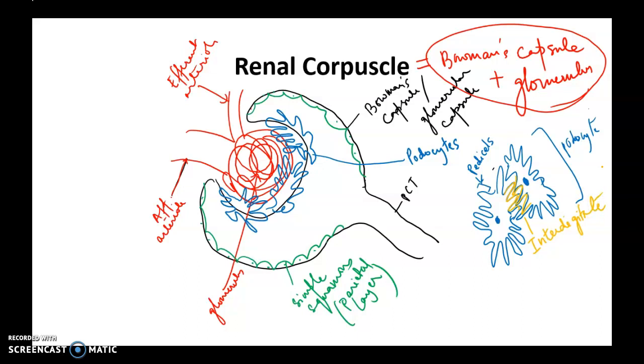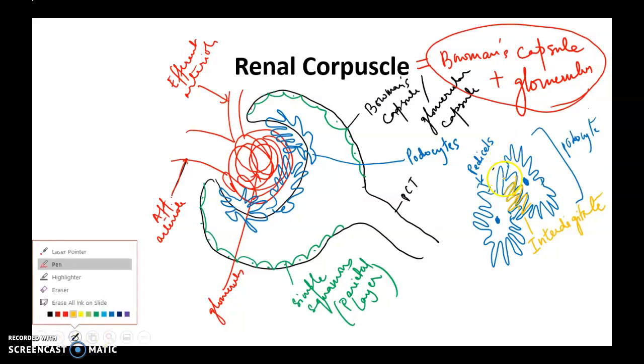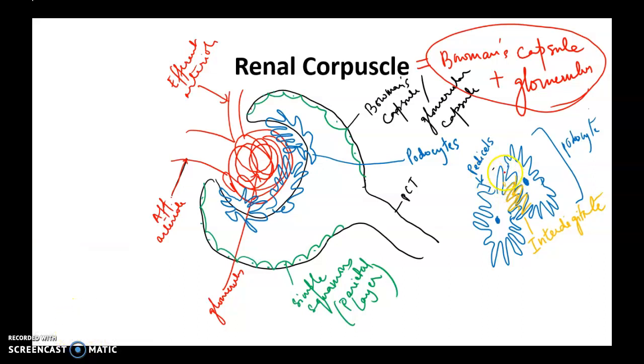Really important. And in between them you have the glomerulus, in red. In between you have the glomerulus here. The point is, this interdigitation helps in the filtration process.